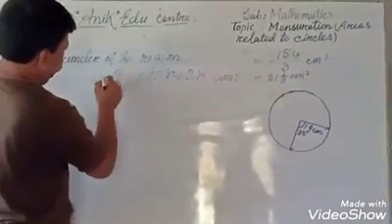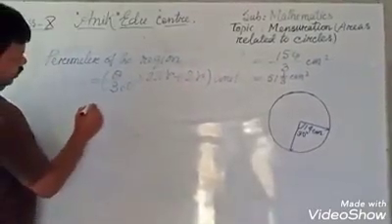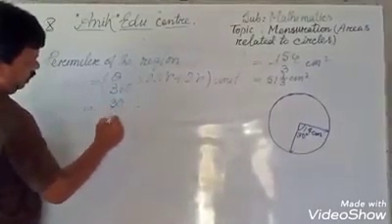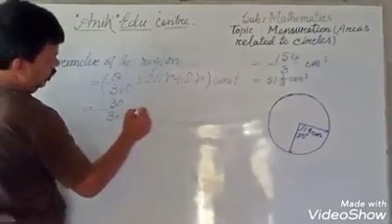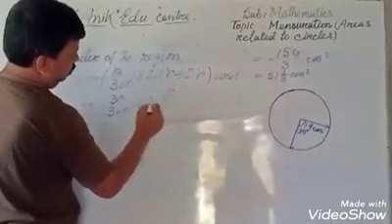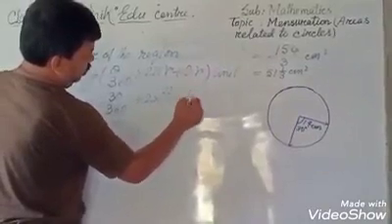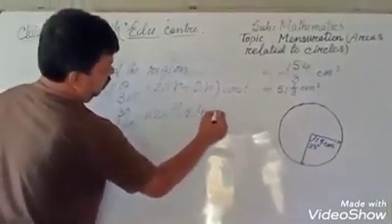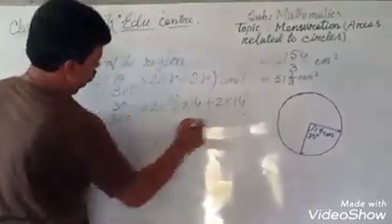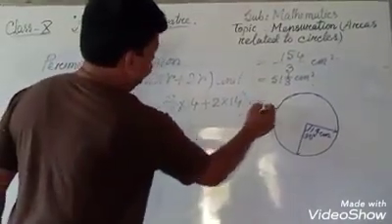As we have the formula for perimeter of a sector, now put the values: theta 30 by 360 into 2 into 22 by 7 into r 14 plus 2 into 14. As our unit is centimeter, so write here centimeter.